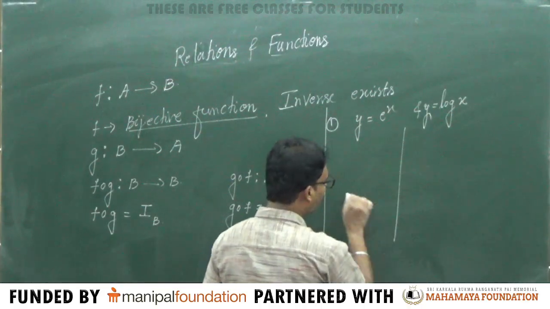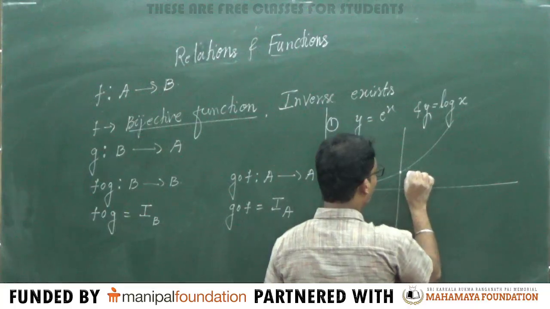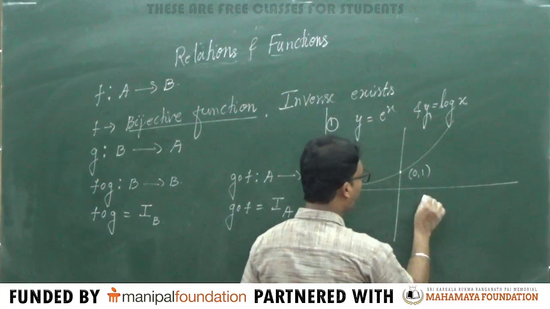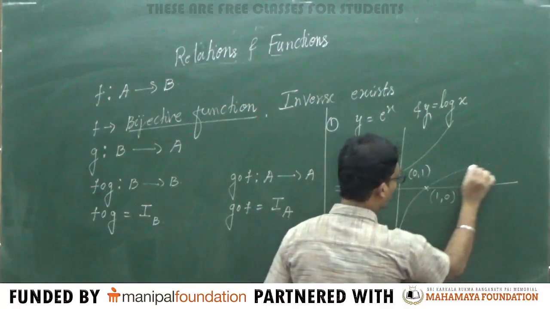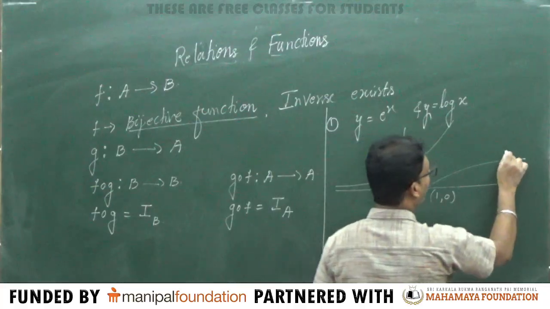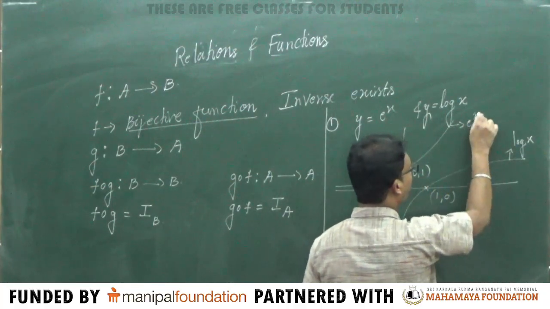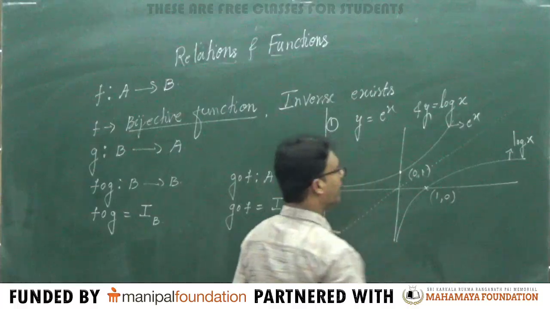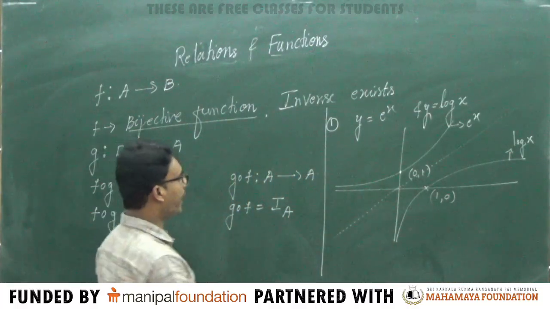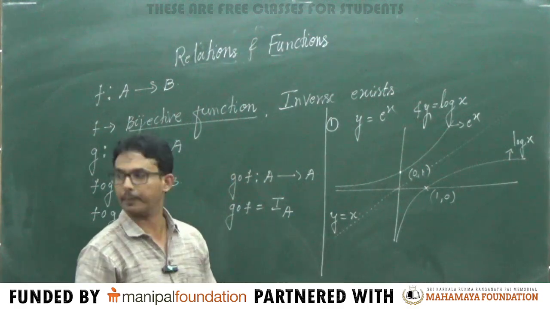So if you plot the graph, this is the point 0 comma 1, this is the point 1 comma 0. This is the graph of the function log x and this is the graph of the function e power x, and both functions are mirror images about the line y is equal to x. That is the important point.